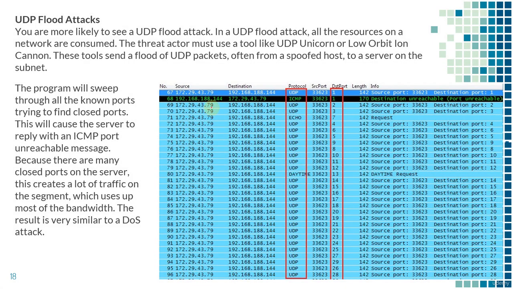Similarly to the TCP attacks, we have UDP flood attacks as well. This also happens in the same fashion. As you can see over here, the source is 172.79. This time we have the same source, which means one source is trying to attack.